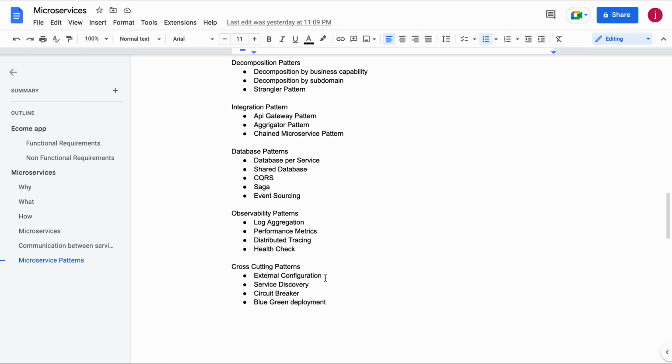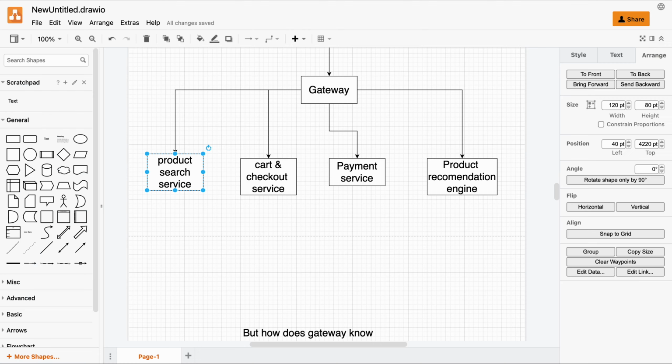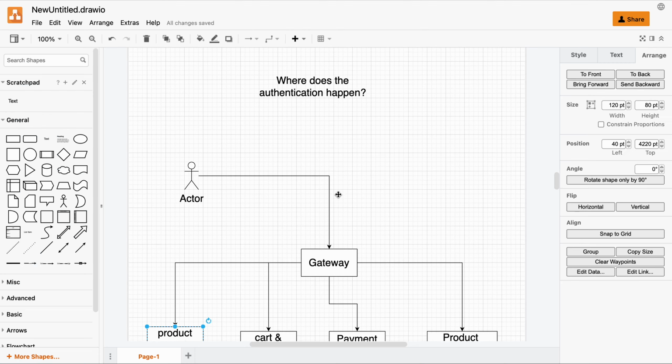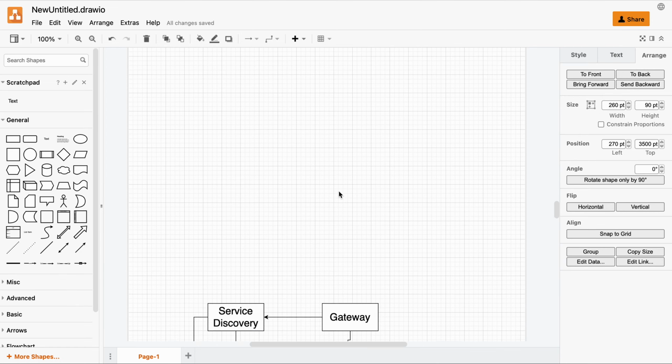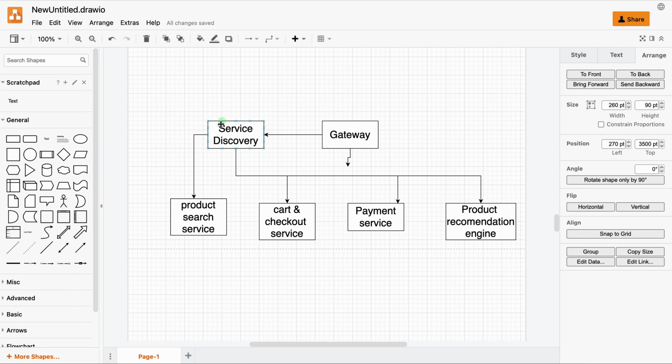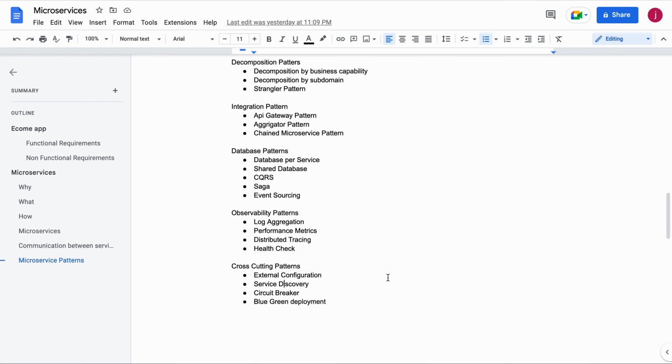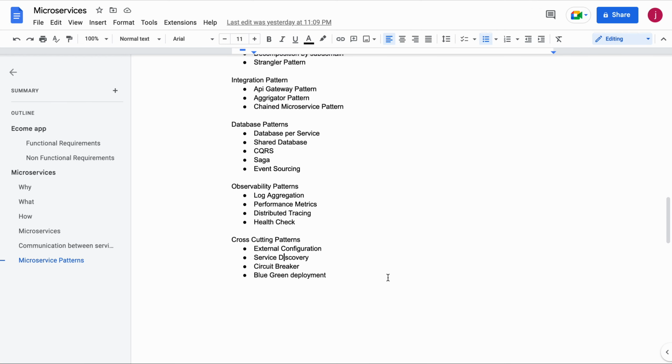When we go for microservices, service discovery is one part that is coming in. Basically we have explained service discovery here. It's a cross-cutting concern, actually required across services, and there are a few more like this which I am not going into depth on right now.